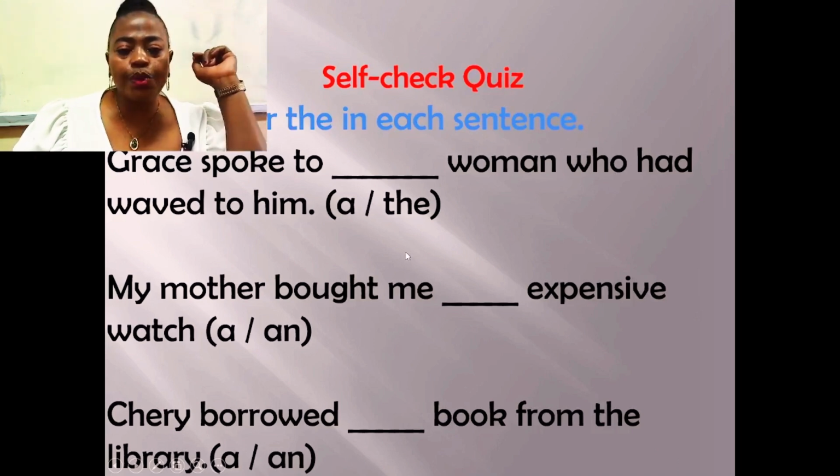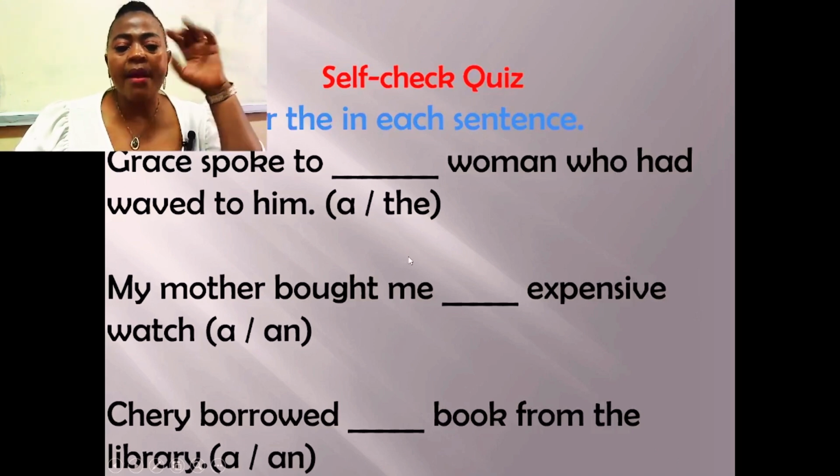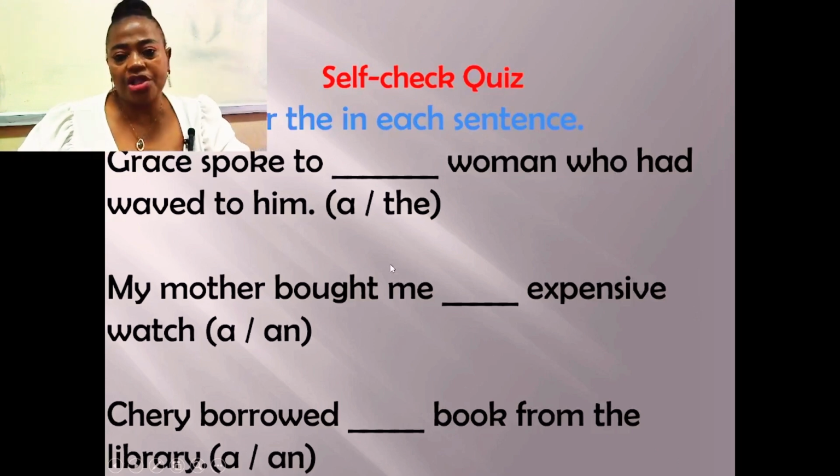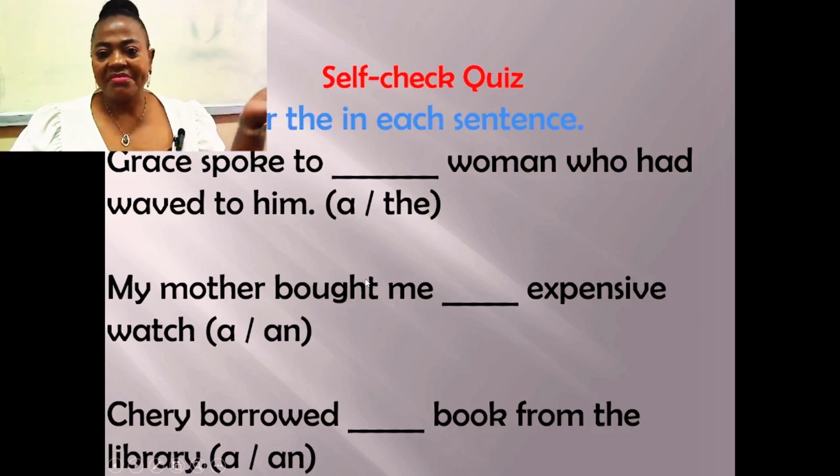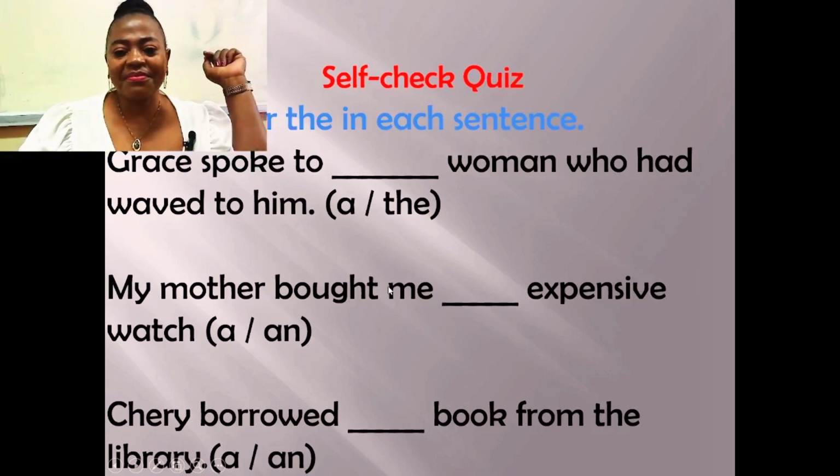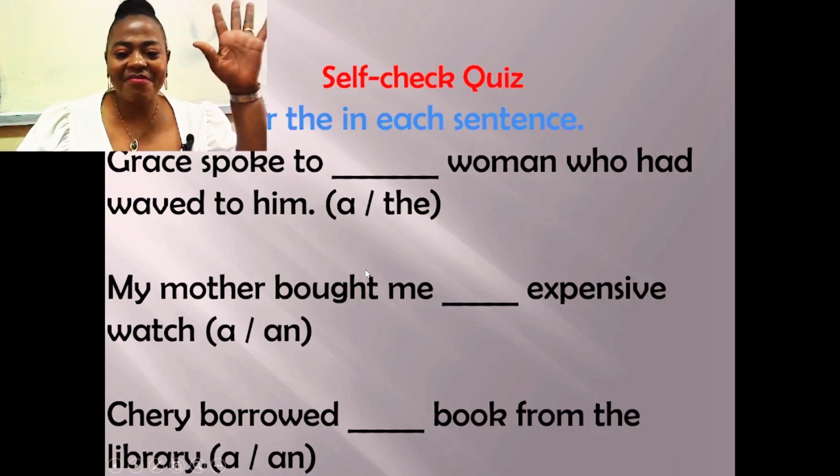Question number 2. My mother bought me blank expensive watch. Answer in 5 seconds. 1, 2, 3, 4, 5.